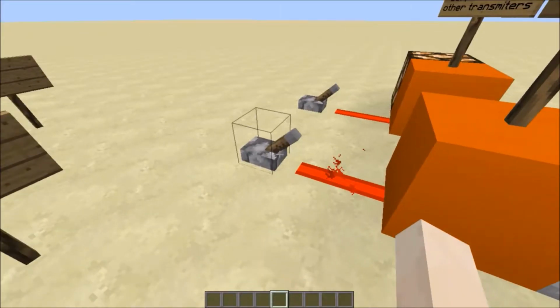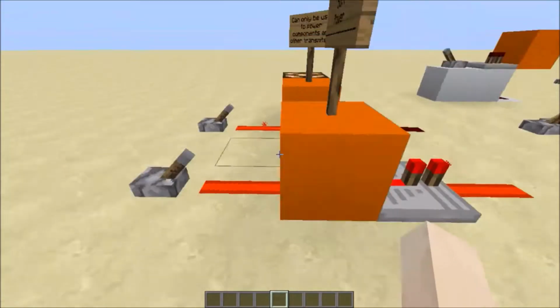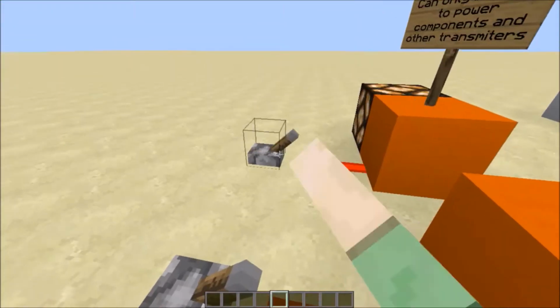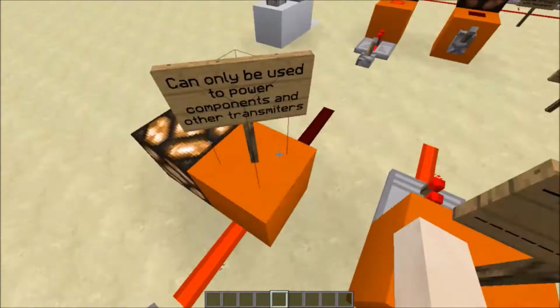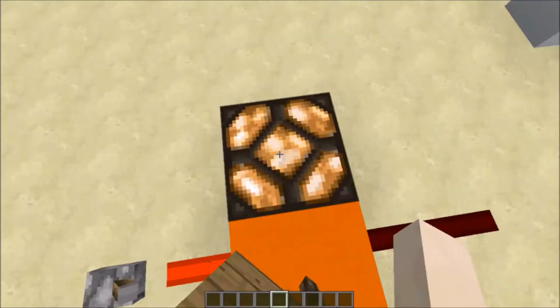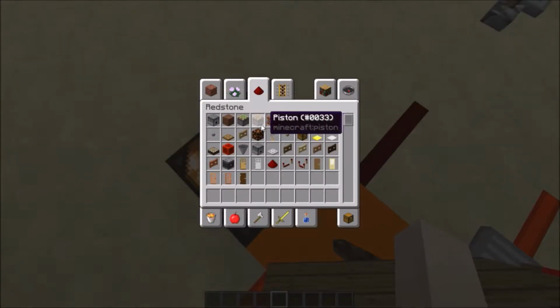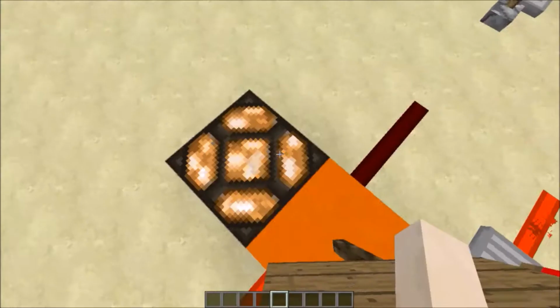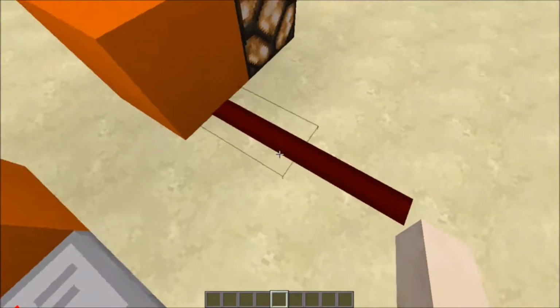Soft power can be put out by redstone dust. Whenever redstone dust is powering a block, that's when it is giving soft power. Soft power can only be used to power components like pistons, redstone lamps, dispensers, droppers, TNT, note blocks, etc., and other transmitters, not redstone.